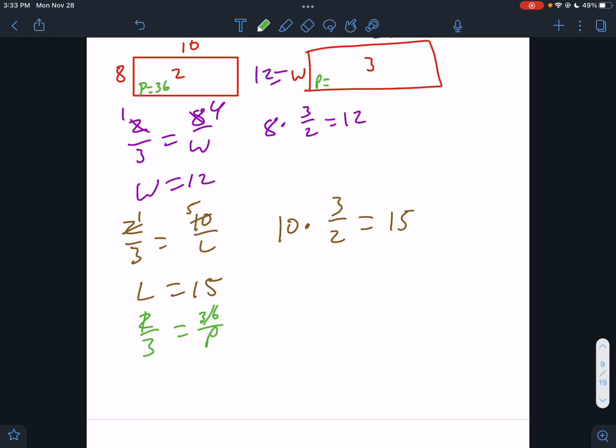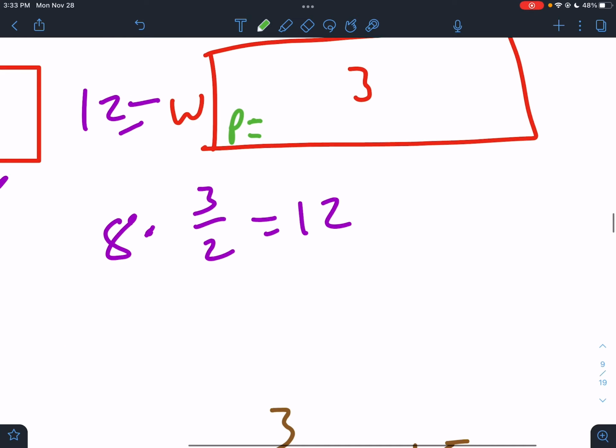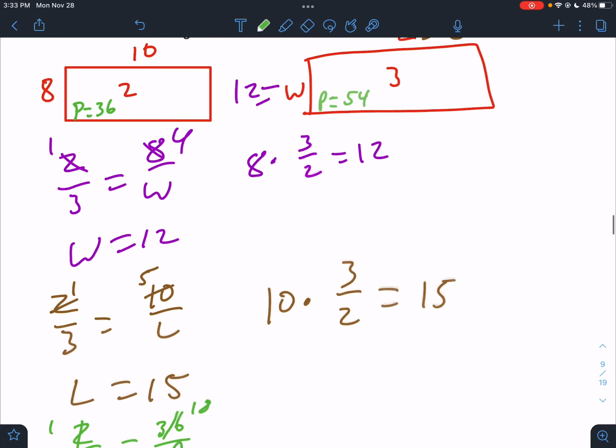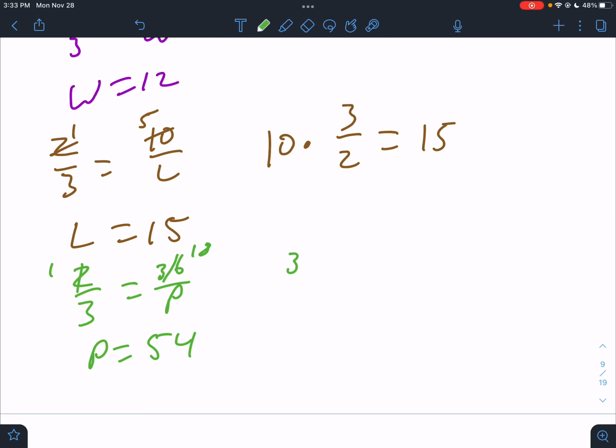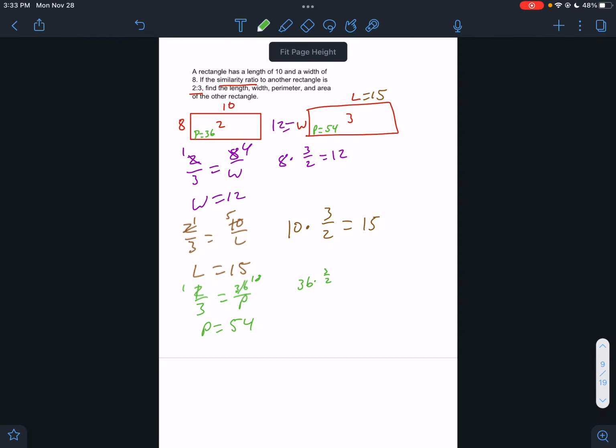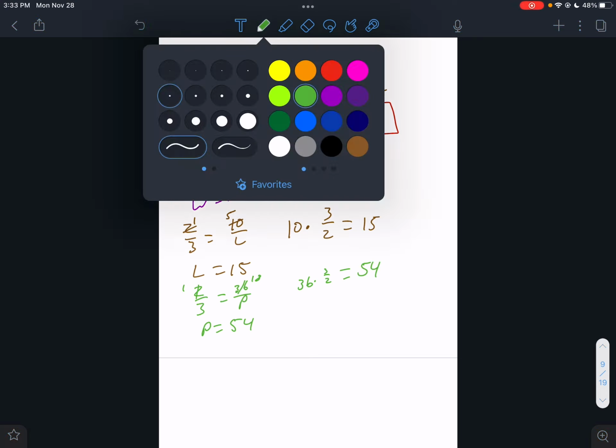Well, 2 and 36 reduces to 1 and 18. 18 times 3 would be 30 plus 24. So this perimeter would be 54, which is the same thing as saying 36 times 3/2. That would be 36 divided by 2 is 18 times 3 is 54. So you can do it either way.